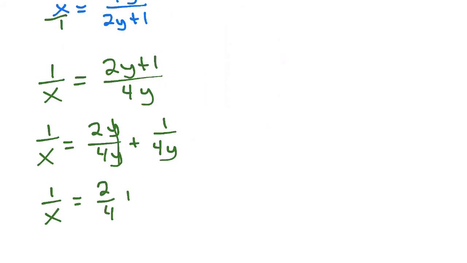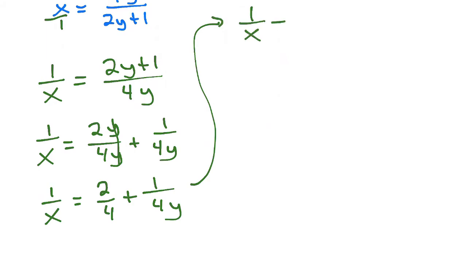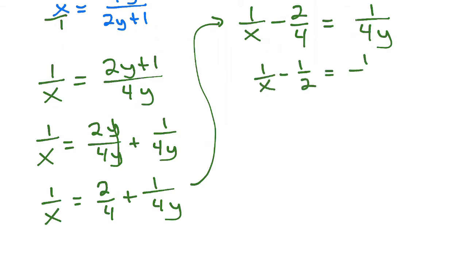Could write it as 1/2. If I subtract 2 over 4, if you want to write that as 1/2, that's fine, I'd have that. So right now I have 1 over x minus 1/2 equals 1 over 4y.